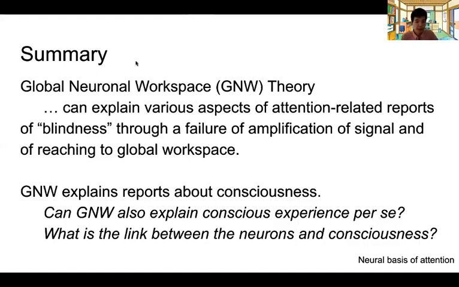So global workspace basically explains that something is reportable when it is strong enough and amplified enough that it reaches the frontal and parietal areas. And this tries to primarily explain conscious reports.